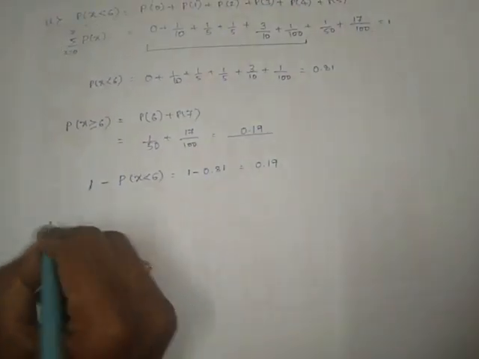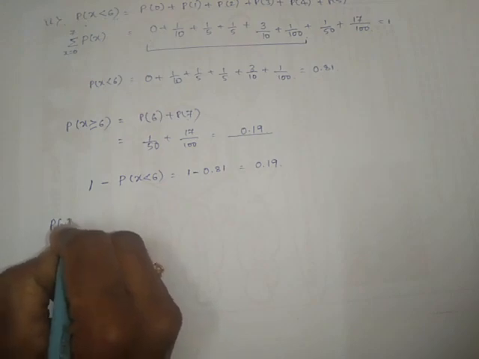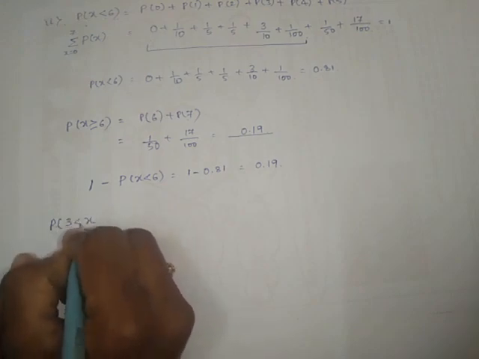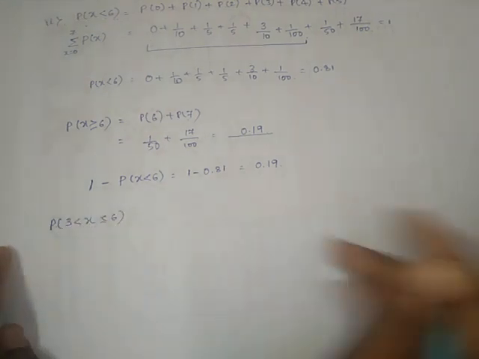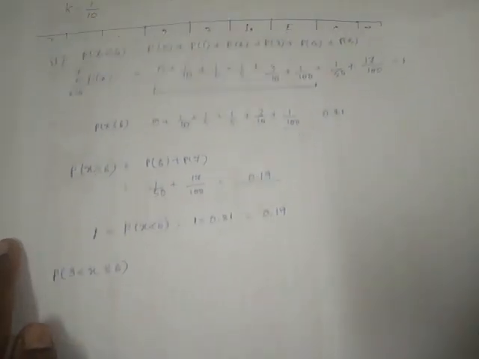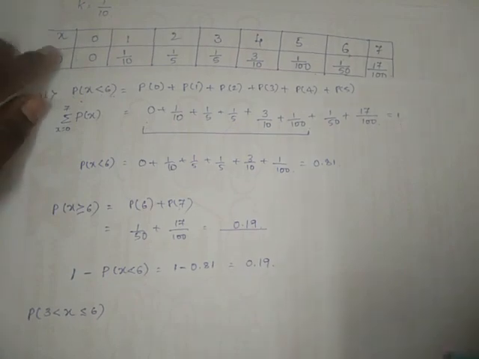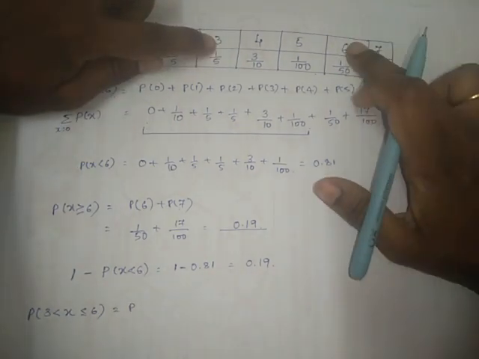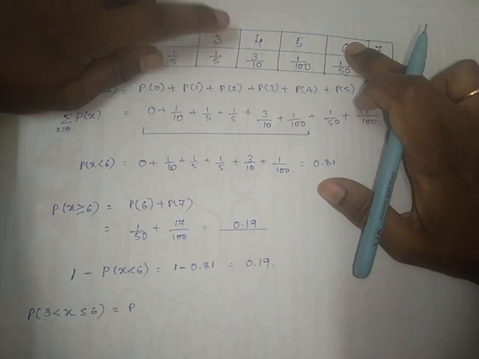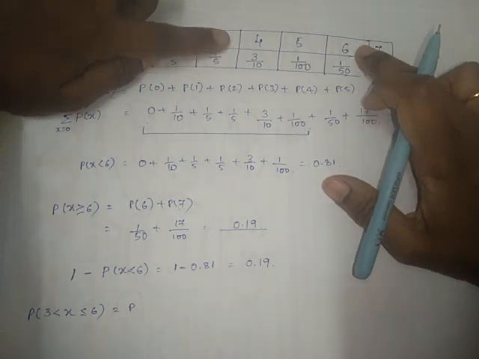Next, what we have to calculate? We have to calculate P of X where it lies between 3 and 6, 3 is excluded and 6 is included. So from 3 to 6, 3 we have to exclude, 6 we have to include.